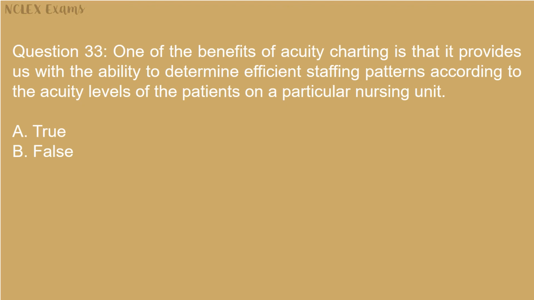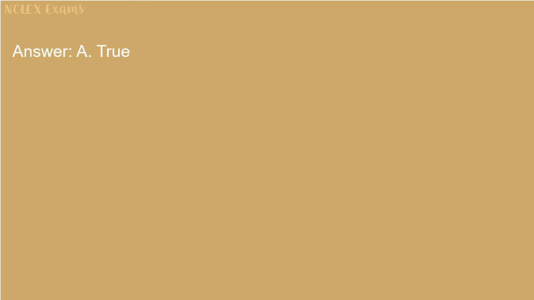Question 33. One of the benefits of acuity charting is that it provides us with the ability to determine efficient staffing patterns according to the acuity levels of the patients on a particular nursing unit. A. True. B. False. Answer: A. True.